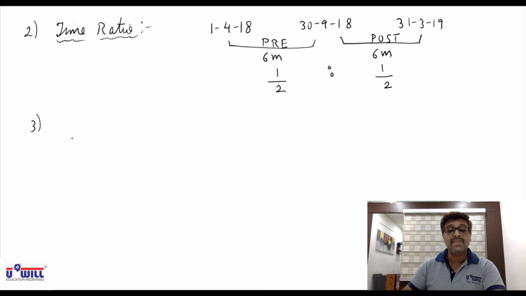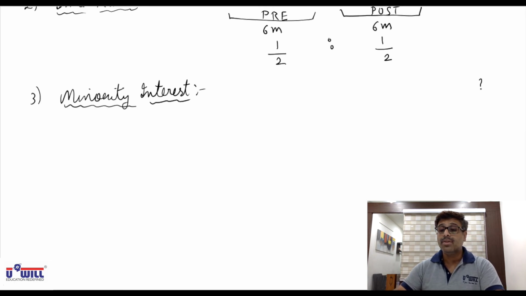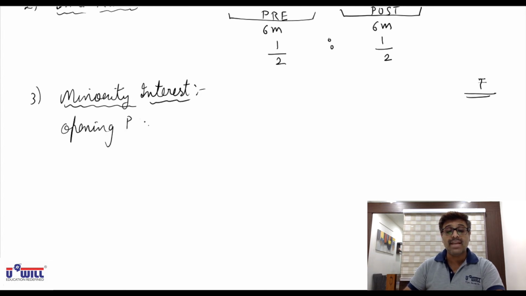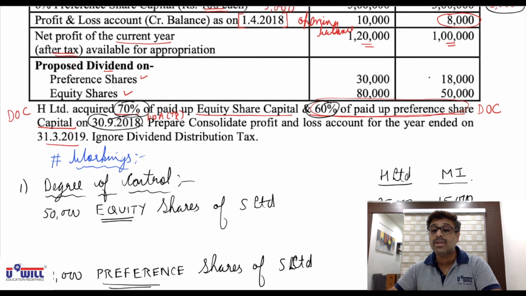Now third workings we make for minority interest, and here this workings will come in wholesome, complete. All items are given, what we have been discussing in the first lecture of P&L statement. First we will start with opening P&L account balance of S Limited, that we have it here, which has always remained nil so far. Opening P&L account balance of S Limited, you all can see here is how much?